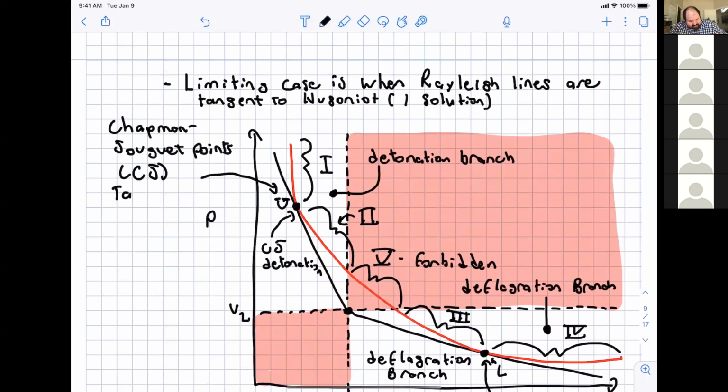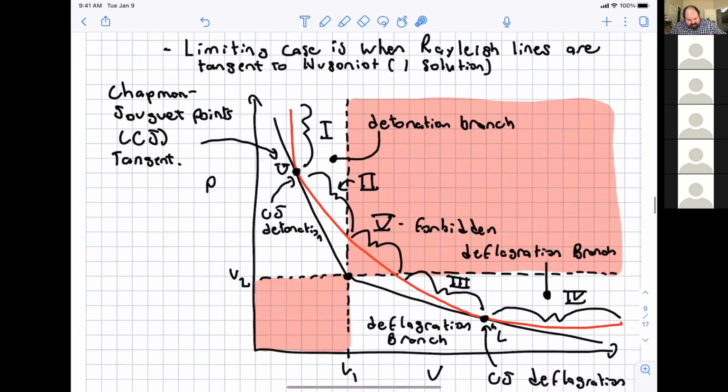And those are tangent. Okay, and so you can see that we have two Chapman-Jouguet points, or 2 CJ points, as they are commonly called. We have one for the upper branch, and another one for the lower branch.